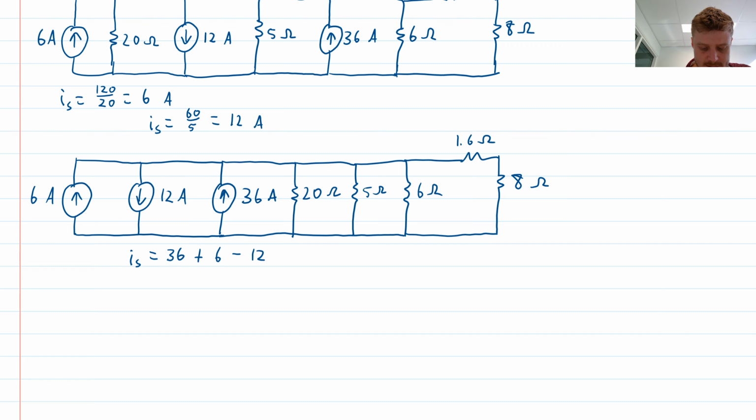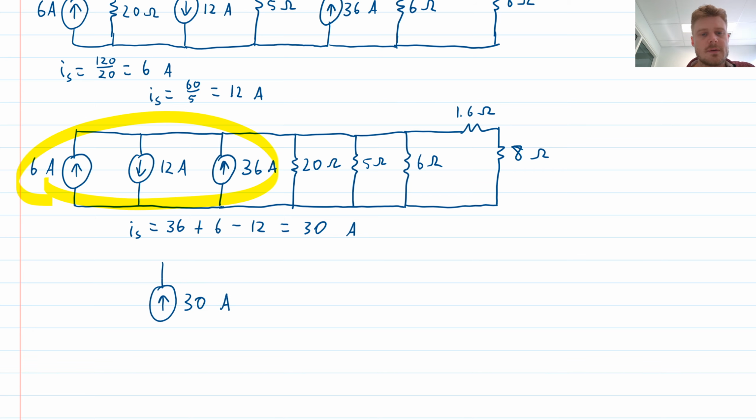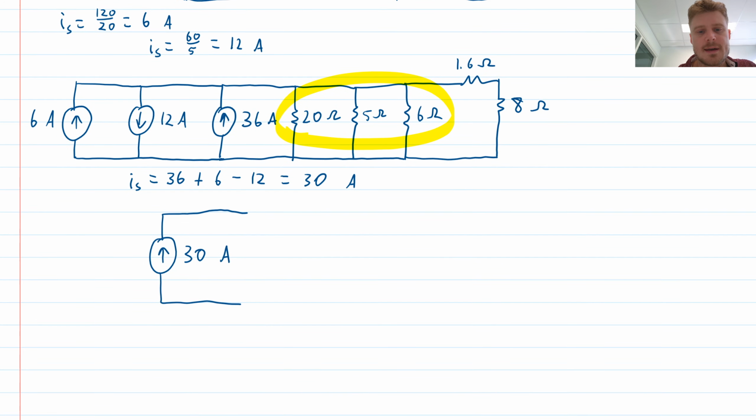So 36 plus 6 minus 12 is 30 amps. I can redraw all 3 of these as a single current source, which is just 30 amps flowing up the page. I then have a network of parallel resistors, which by the way I can calculate.